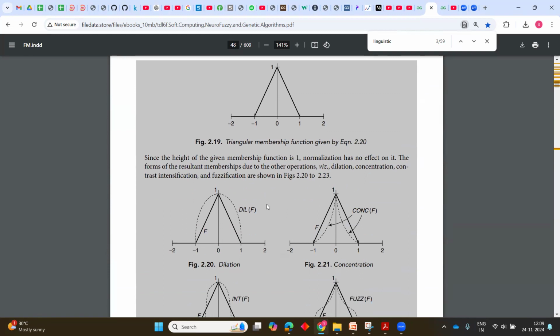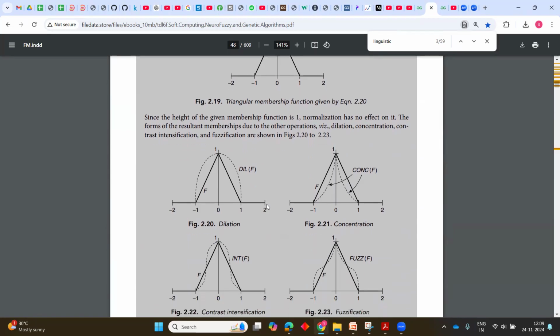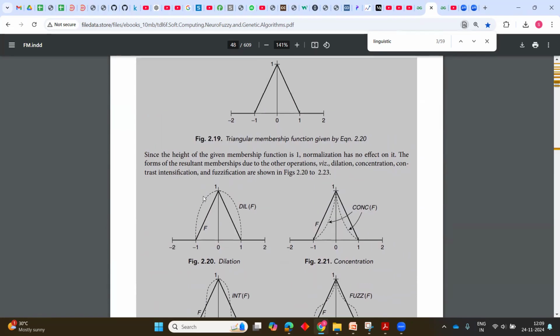But for other things like dilation and concentration, you can see the outputs shown here. If you apply the formulas for dilation, you will get a rounded, more flattened graph like this. When you do a concentration, you can see it goes steeper, something like this.